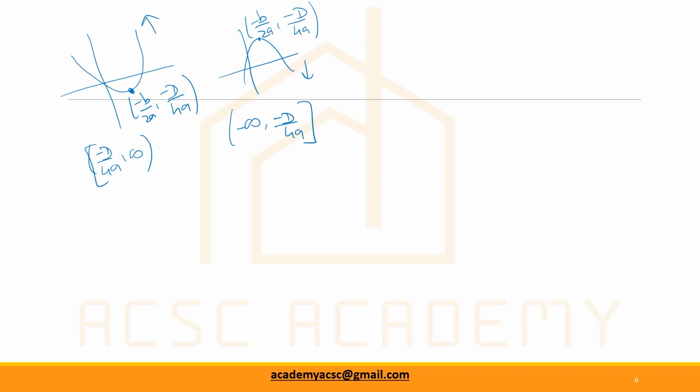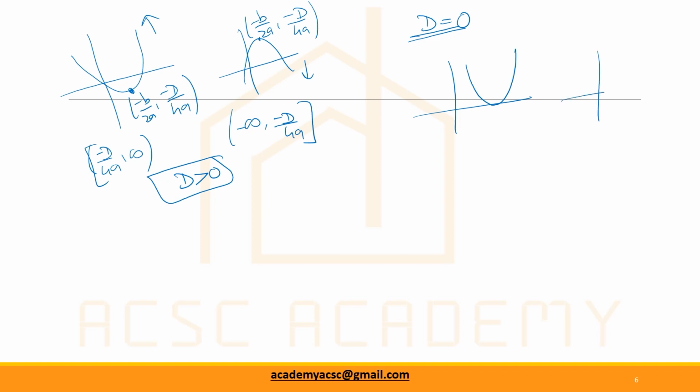And now moving on to the third case where d equal to 0. For both these cases, since there were two real roots, it was the d greater than 0 case. Now we are moving to the d equal to 0 case, which means there will be exactly one root. It can be like this if a is greater than 0, or like this if a is less than 0.